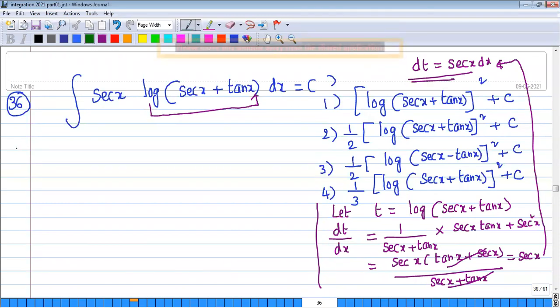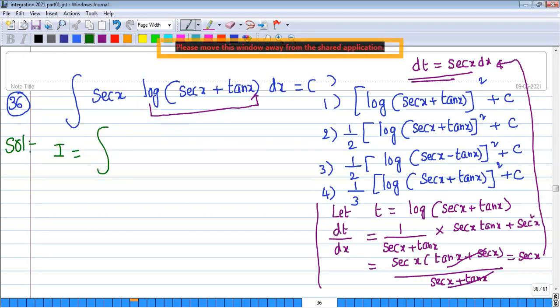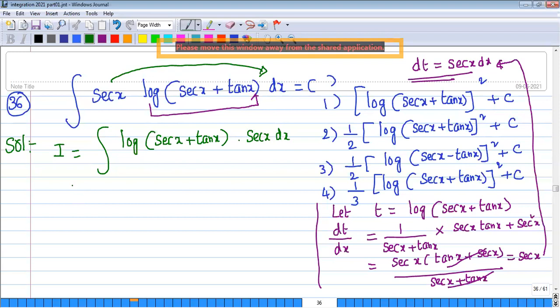Now this can be written as I equals integral of log of (secant x plus tan x) times secant x dx. Let us replace respective values. Integral t dt.